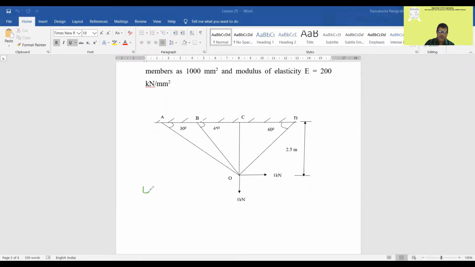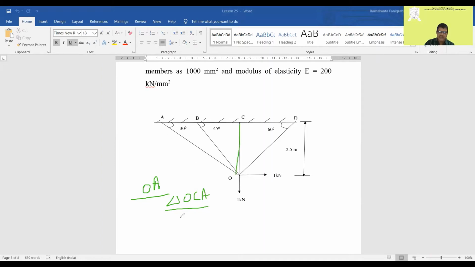For member OA, let me give an example. You can take the triangle OCA. OC is 2.5 meter.